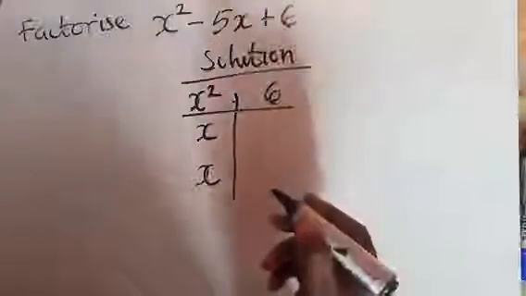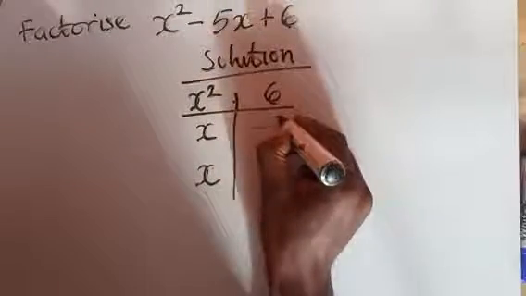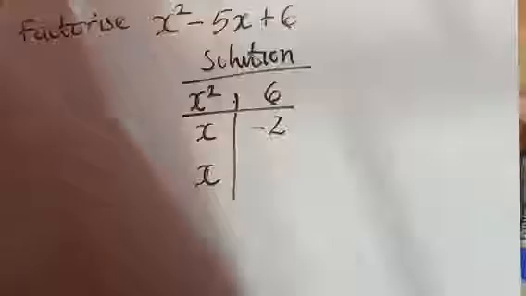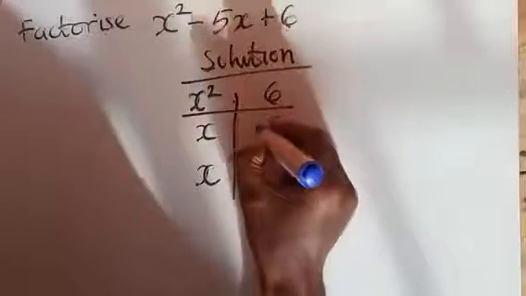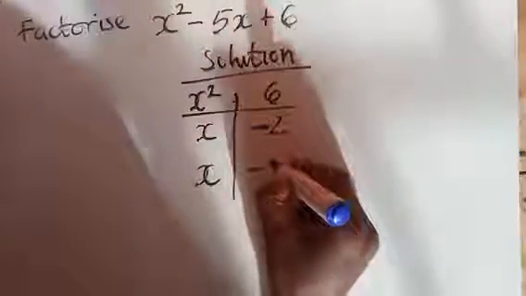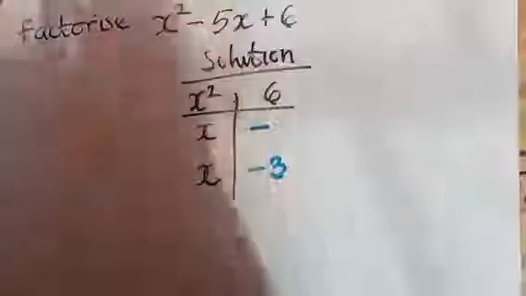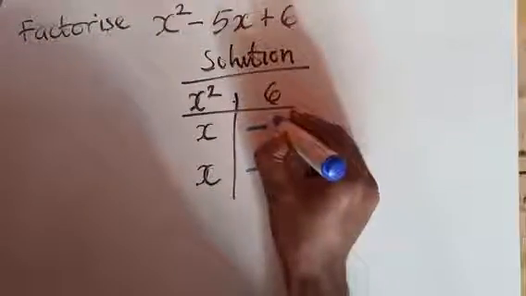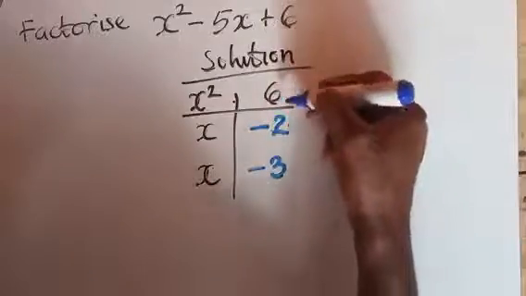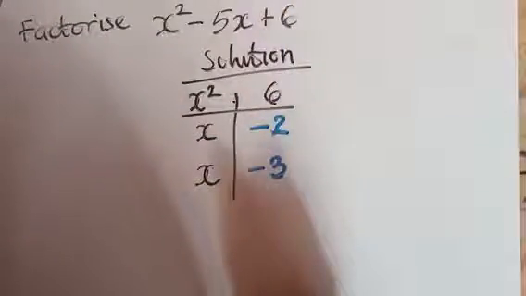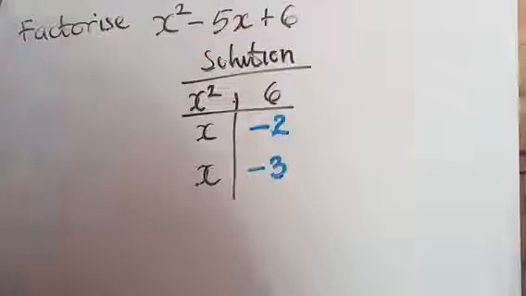So what I do now is negative 2 times negative 3. When I multiply negative 2 and negative 3, I get positive 6. Then I'll check and see. The checking shouldn't come in your solution.